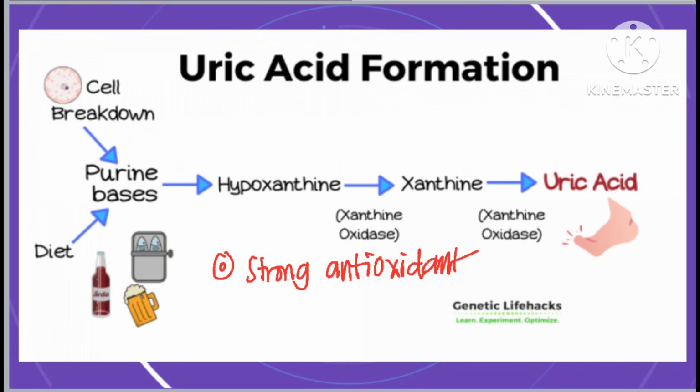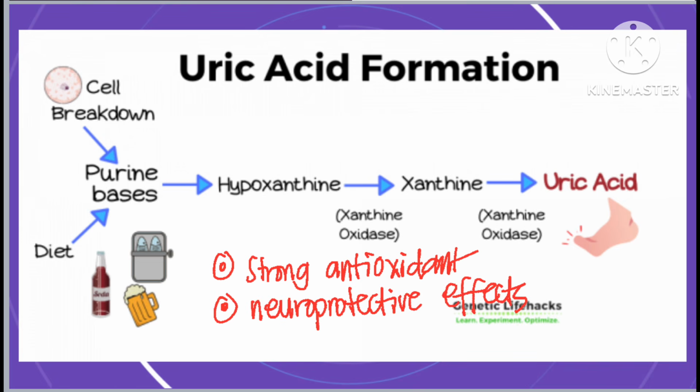Furthermore, uric acid may have neuroprotective effects, as studies suggest that moderate levels help protect our central nervous system from oxidative damage, possibly reducing the risk of neurodegenerative diseases like Parkinson's and Alzheimer's.